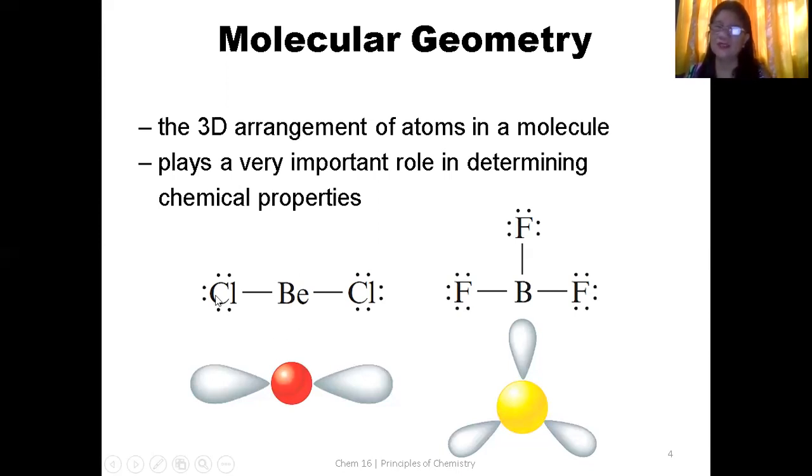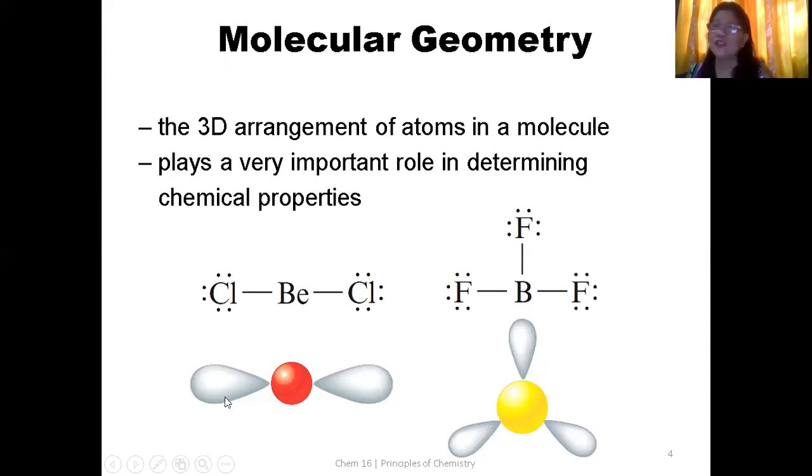If you are going to represent this in the form of balls, what will happen? This is your beryllium. This is your chlorine. Why is the shape of chlorine like that? Because there is a repulsion between the two lone pairs, and this is known as linear.